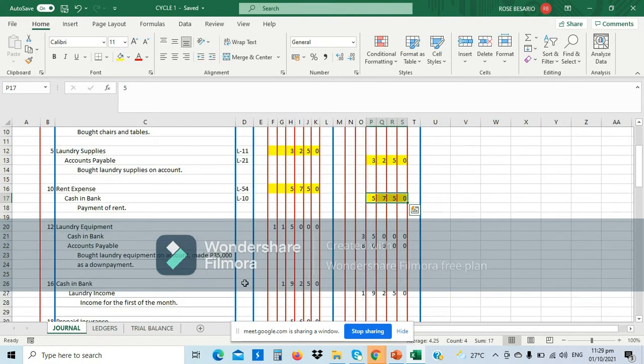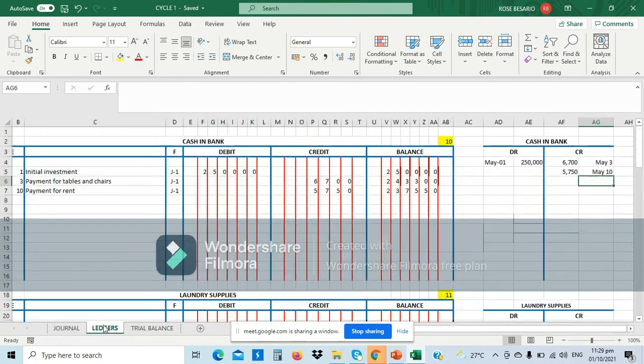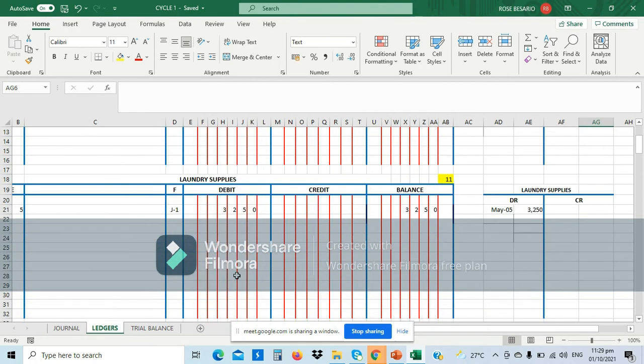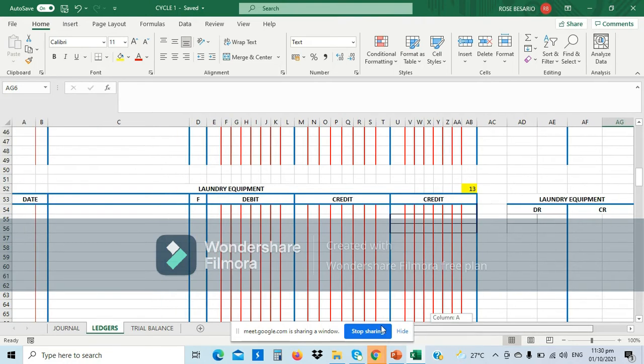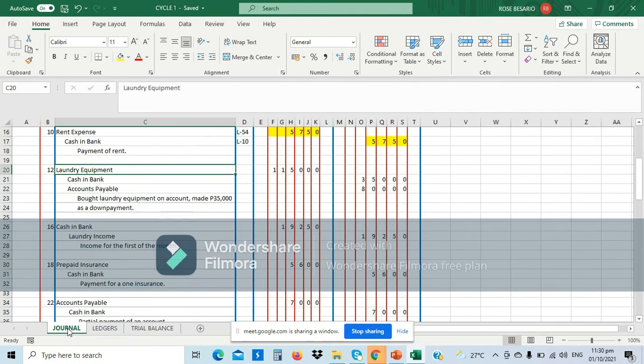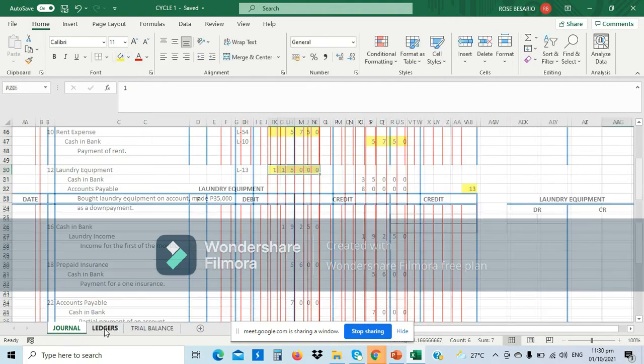Okay, and next we have laundry equipment, May 12. So look for your laundry equipment, furniture and fixtures. Okay, so there is your laundry equipment. So this is to be posted to L number 13. So L13, 115,000. Okay, so this is a debit entry.